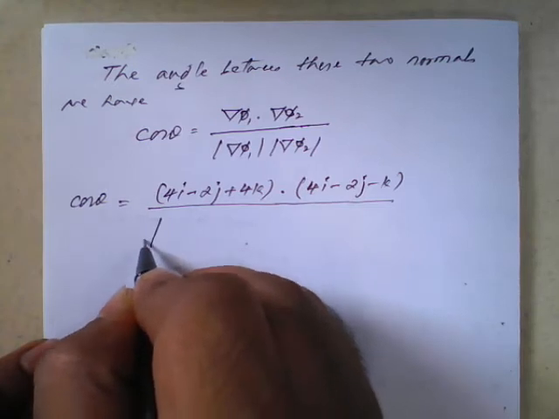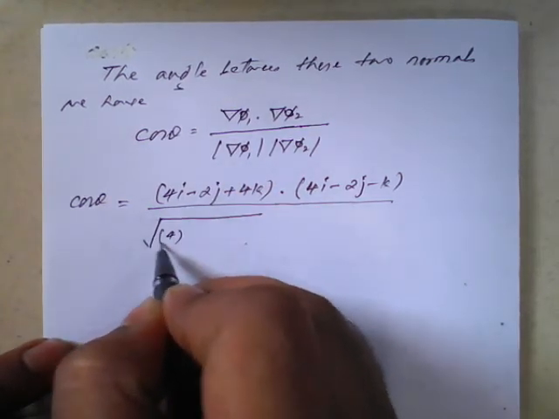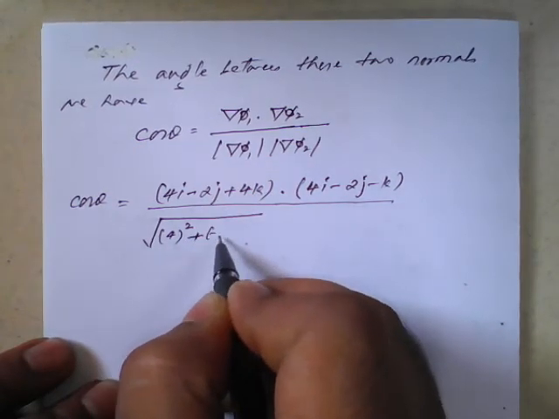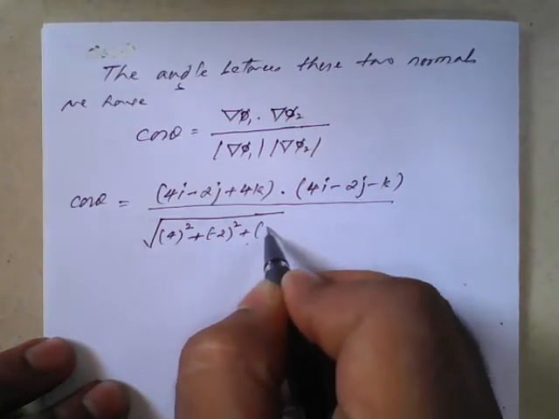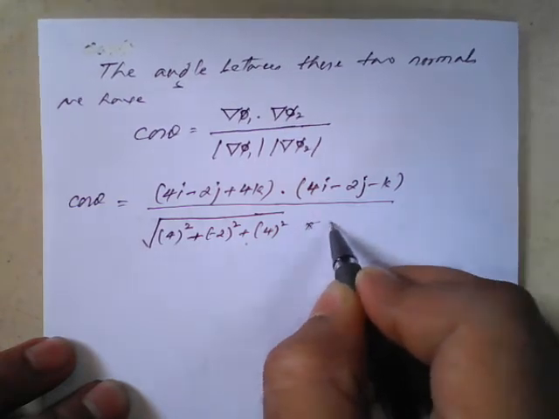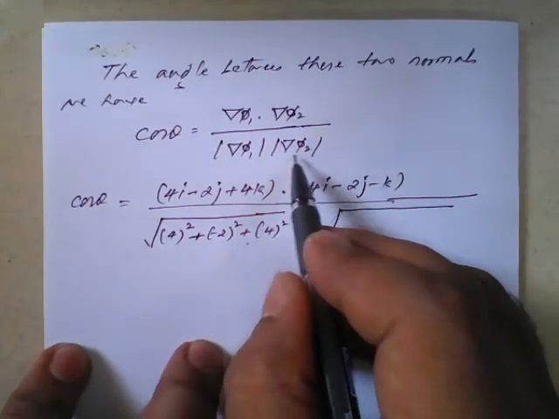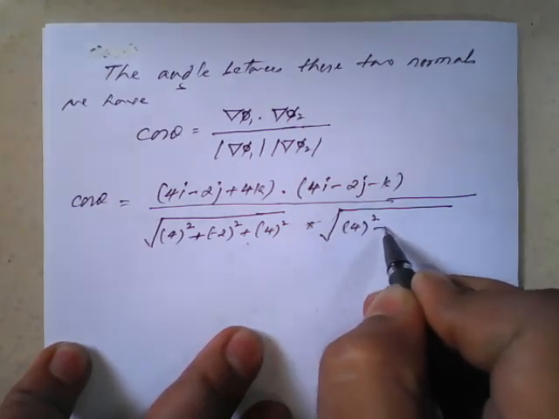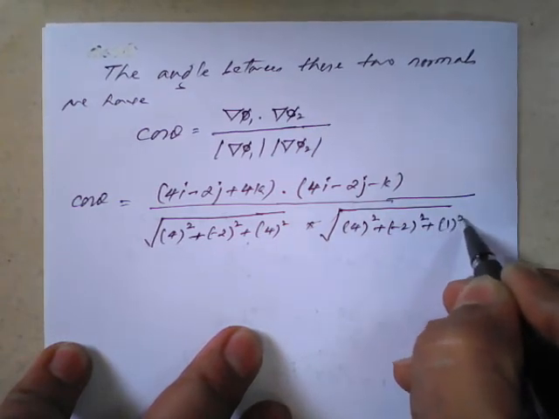the modulus, that is square root of coefficient of i, that is 4 square, plus coefficient of j, that is minus 2 square, plus coefficient of k, what is here, 4 square, into one more square root, because we need to find the modulus of del phi 2 also, that is 4 square plus minus 2 square plus 1 square.